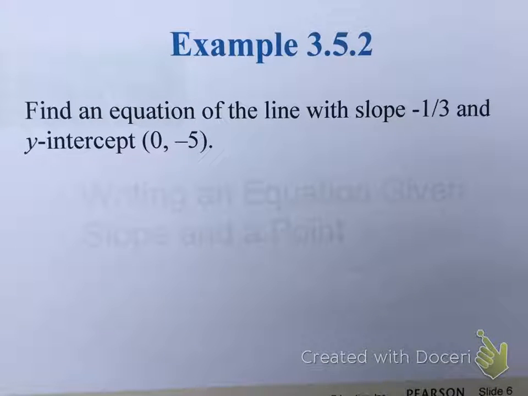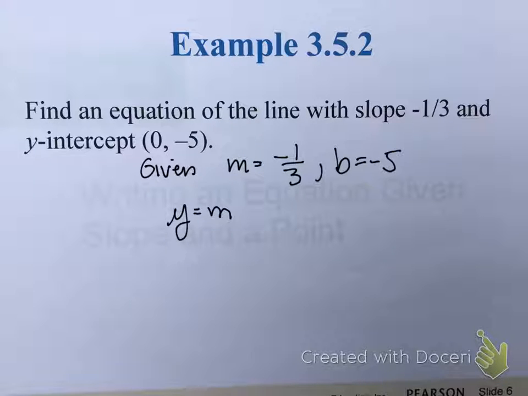Find an equation of a line with slope -1/3 and y-intercept (0, -5). So I'm looking through there, and before I do anything, I'm going to write what I have. So what is given is m equals -1/3, and also the y-intercept, which is also known as b, equals -5. Since I'm given these 2 things, now I can use y equals mx plus b.